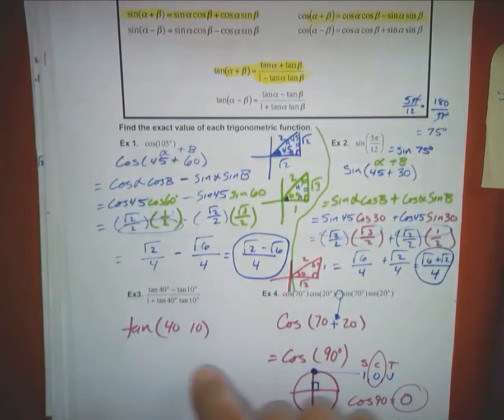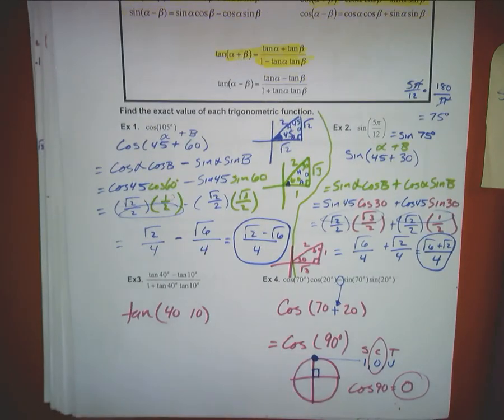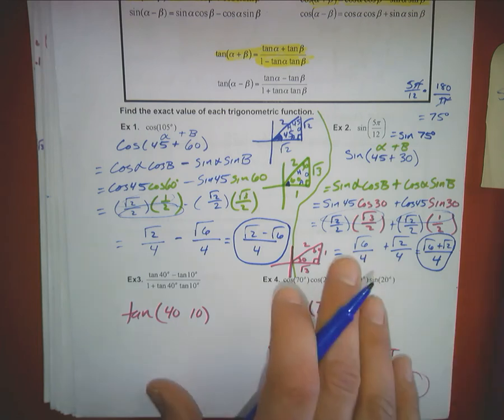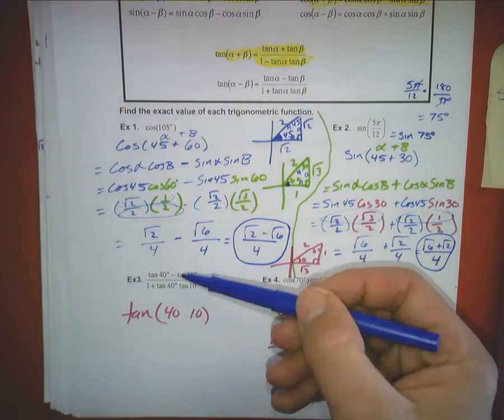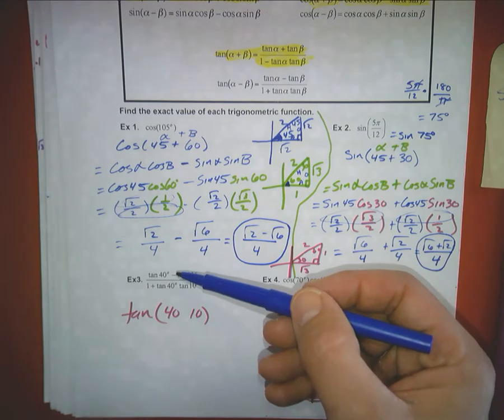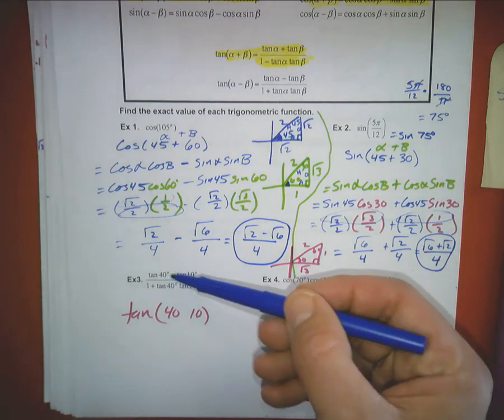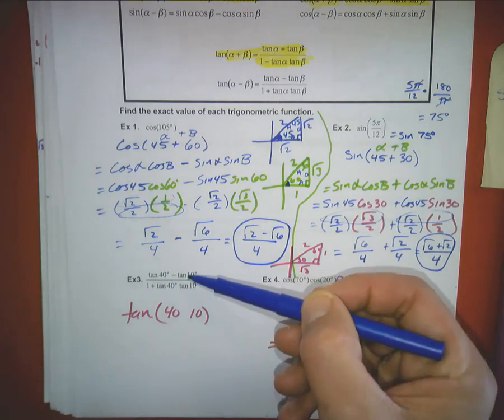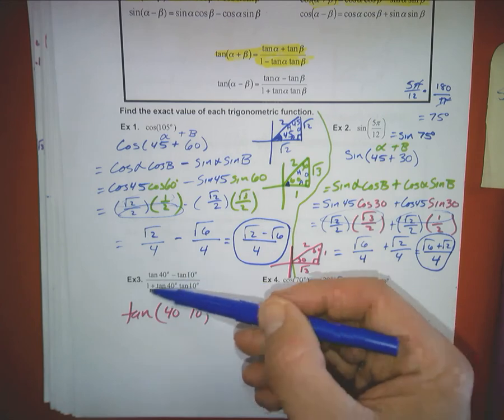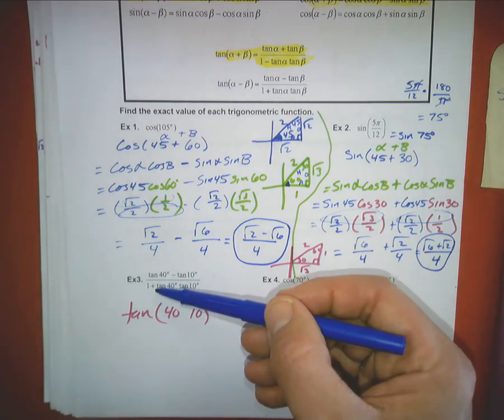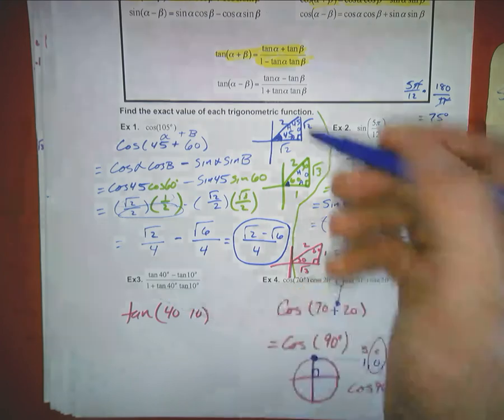Okay? So take a look. Am I adding or subtracting the 40 and the 10? What do you guys think? Subtracting? How do you know that? Because it's subtracting in the formula and it's the same thing. Yeah, so here it's tangent of 40 minus tangent of 10, right? And on the bottom it's a plus. 1 plus the tangent of alpha, tangent of beta.